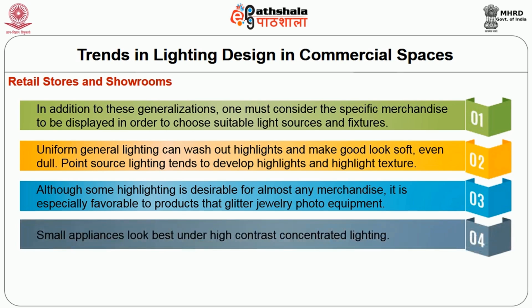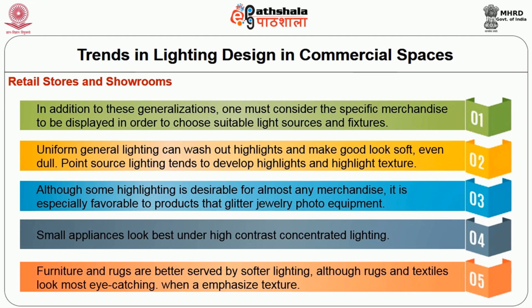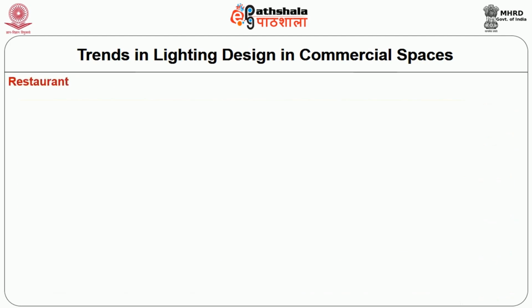Jewelry, photo equipment and small appliances look best under high contrast concentrated lighting. Furniture and rugs are better served by softer lighting, although rugs and textiles, including the fabric of clothing, look most eye-catching when emphasized.